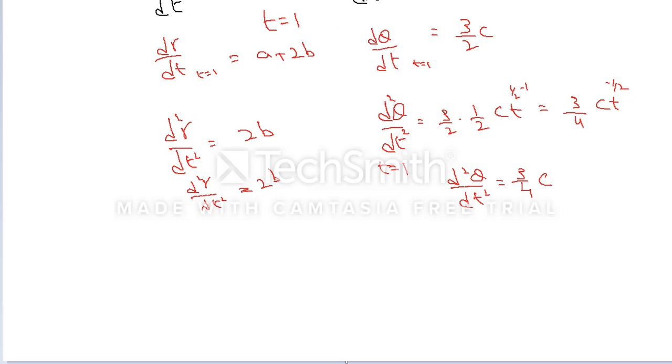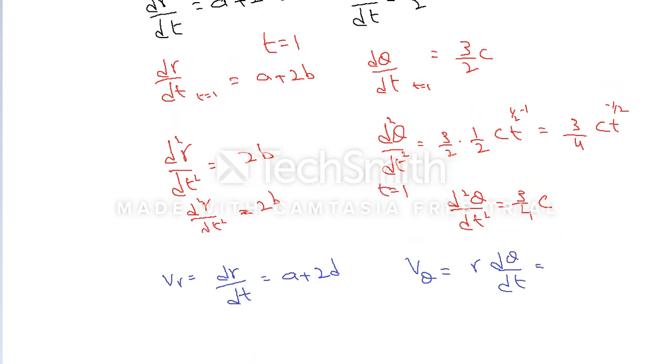Now the radial component of velocity is dr by dt when t is equal to 1, so this is a plus 2b, and the transverse component of velocity is r d theta by dt.